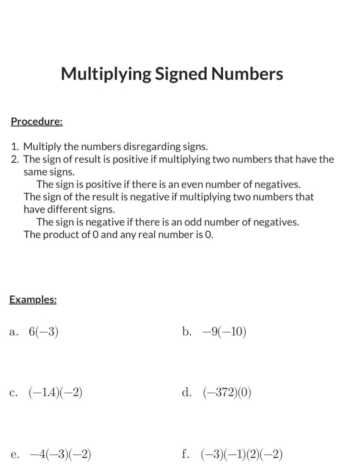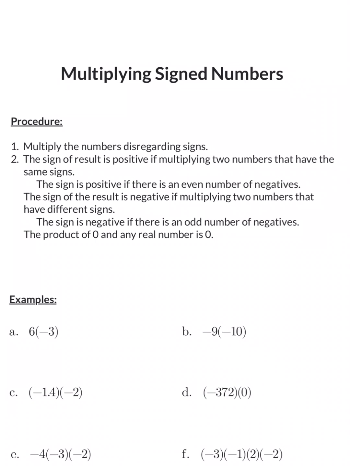We can extend this to: the sign is positive if there is an even number of negatives. The sign of the result is negative if multiplying two numbers that have different signs. The sign is negative if there is an odd number of negatives.